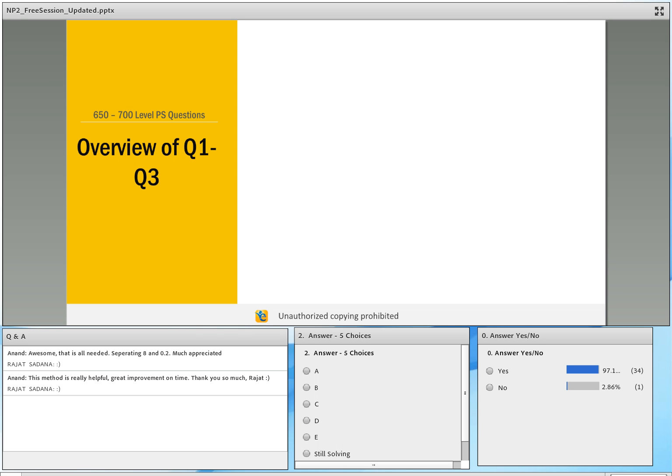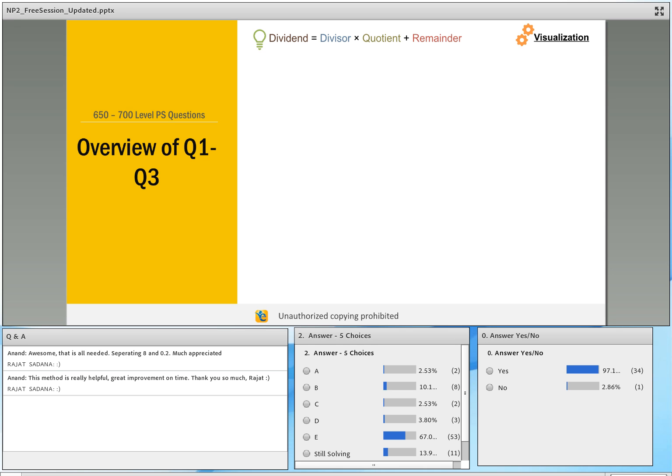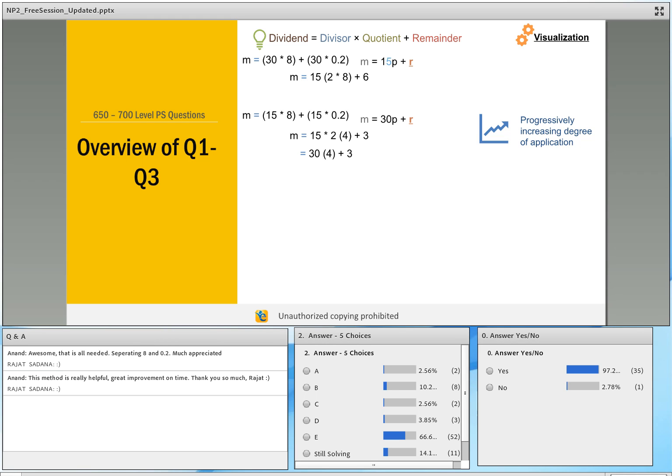So what did we just do? We looked at this one concept in which we said that dividend is nothing but divisor multiplied by quotient plus remainder. And we applied this concept on 3 different questions, and we increased the difficulty level as we went from one question to the other, but it was still the same concept. In the first question, we were given that m is 30 times 8.2, and we needed to find the remainder when m is divided by 15.